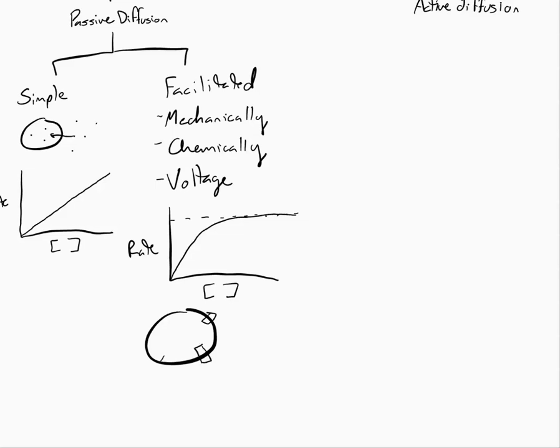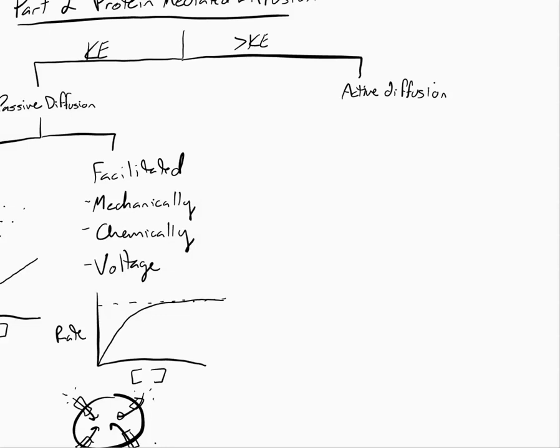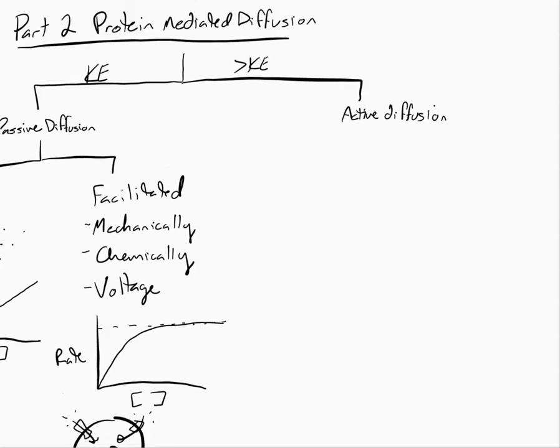As those are saturated, they can only take in so many at one time, which levels out the rate. If all of them are saturated, taking in whatever they're planning on taking in, it will have to level out there.